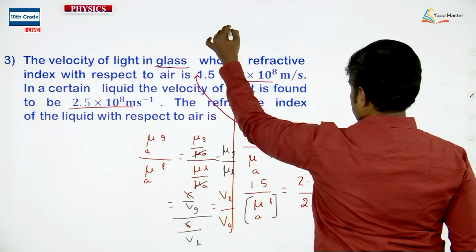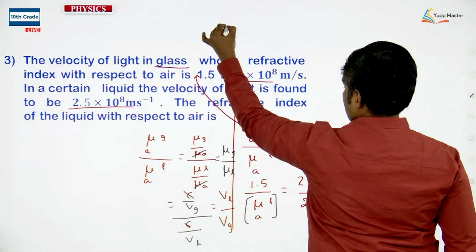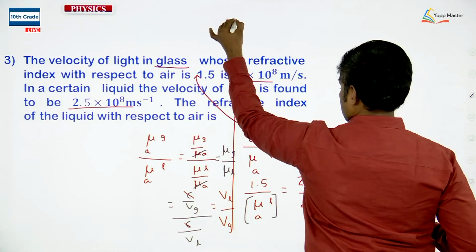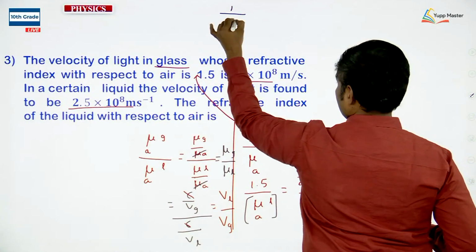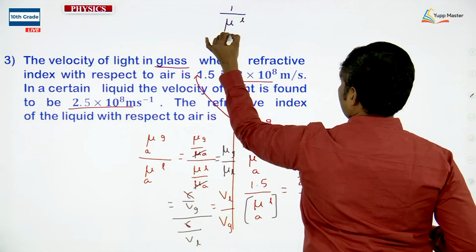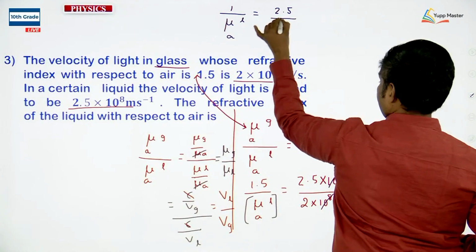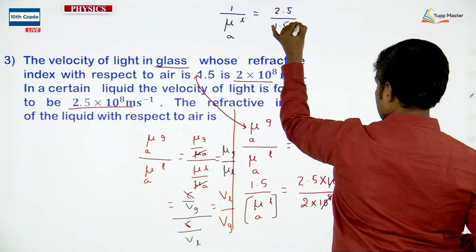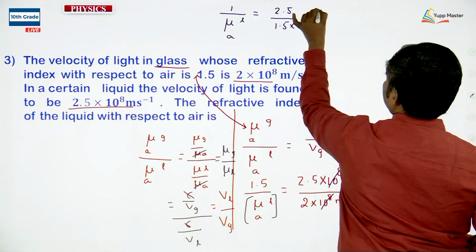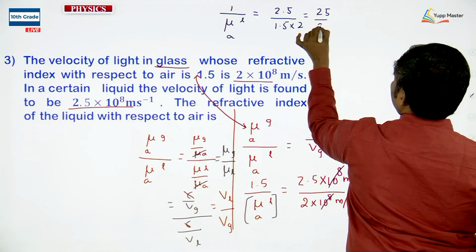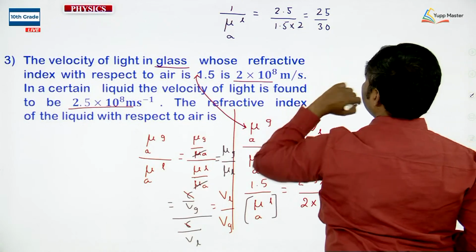Therefore, 1 upon mu L A is equal to 2.5 by 1.5 into 2, that is 25 by 30.